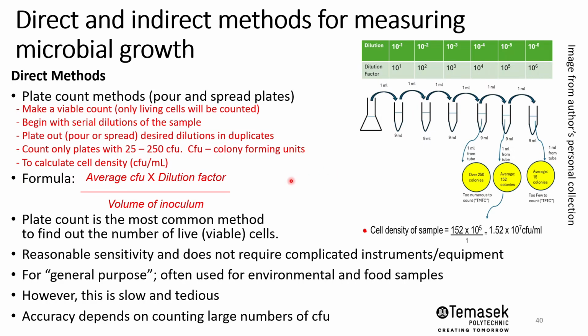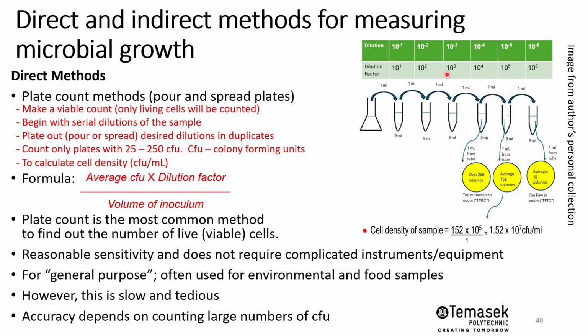CFU here means colony forming units per ml. When you do the serial dilution, and you might have done this during your practical, we are diluting your bacterial culture tenfold in every instance, giving you a dilution factor of 10 to the power 1 all the way to 10 to the power 6.